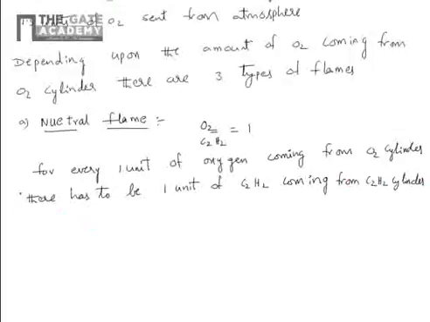In the case of a neutral flame, this is the torch end, here is the inner cone, and this is the outer cone.